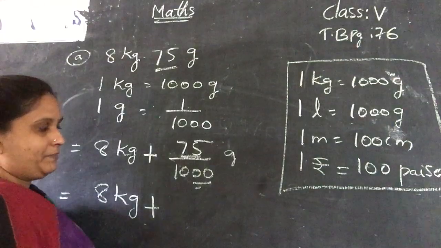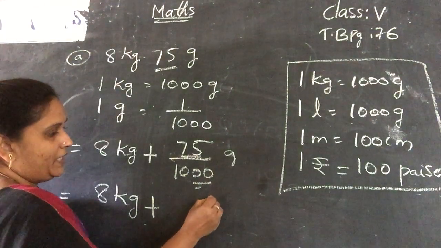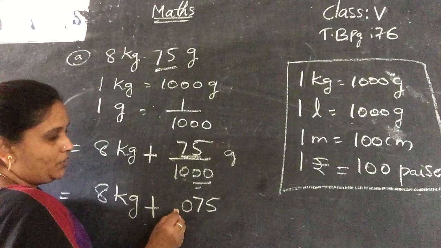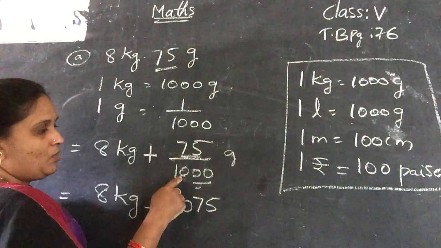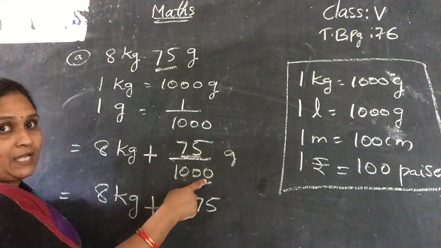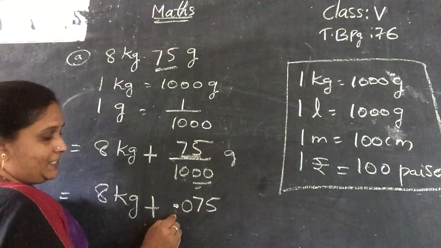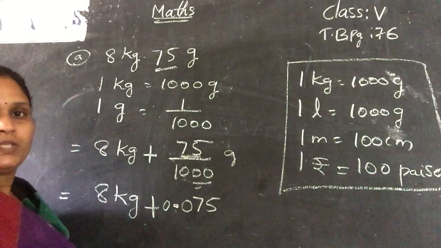So what you have to write: 5, 7, and 0 is left over, so 0 after the point. Why? Because there are 3 digits, so after 3 digits you put the decimal and 0.